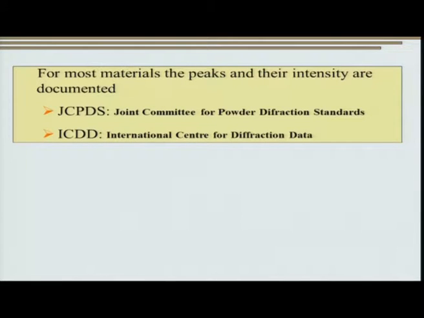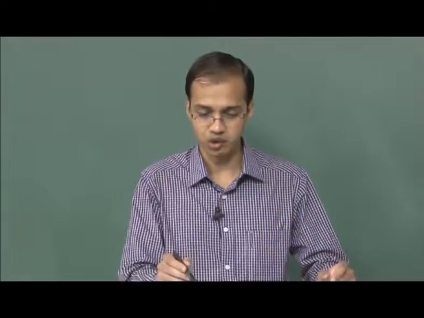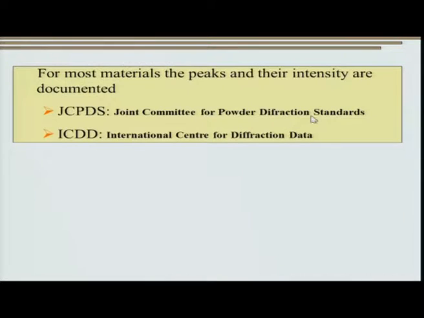So, all the peaks in the diffractogram can be indexed manually, and then we can go back and compare them with a lookup table. The earlier lookup tables, comprising all the database, were maintained by the Joint Committee for Powder Diffraction Standards.